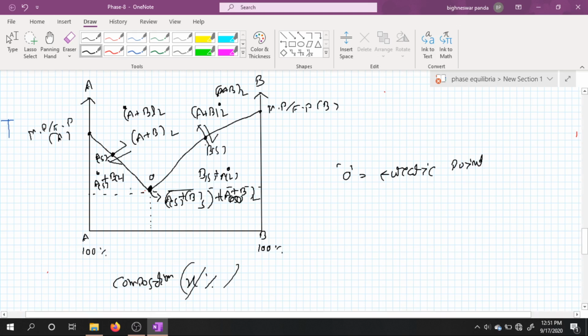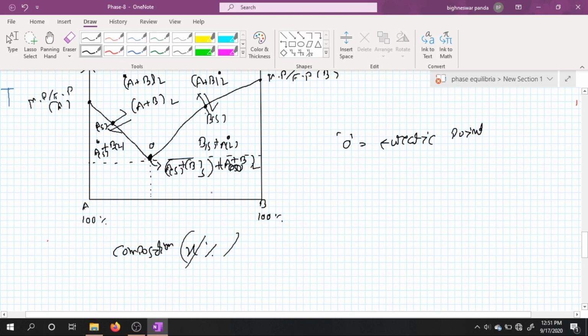So this is the representation of the points, and each point notifies which type of term is represented here. So O is our eutectic point, and below this point we cannot separate A and B.